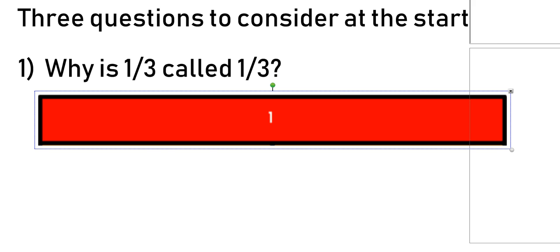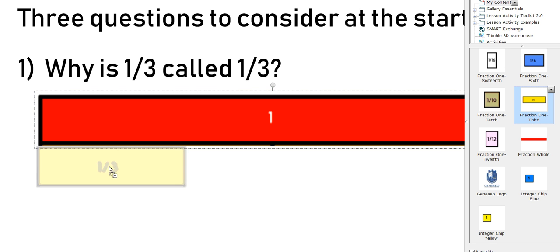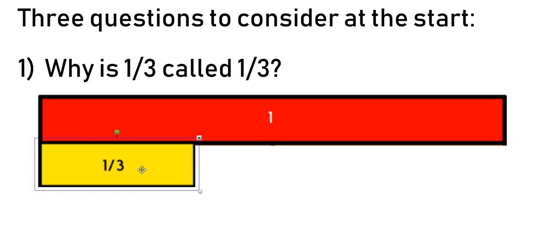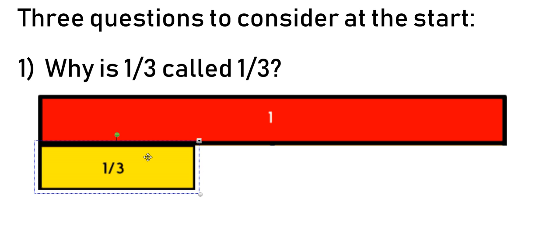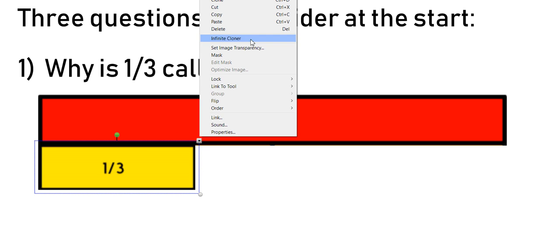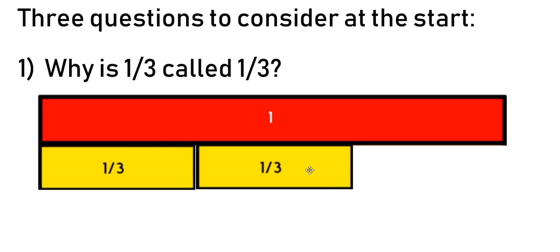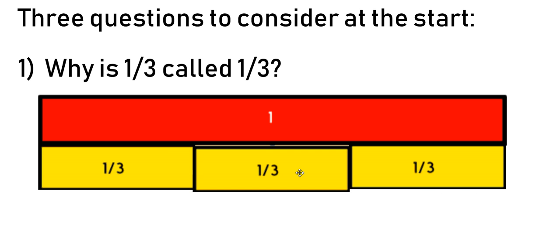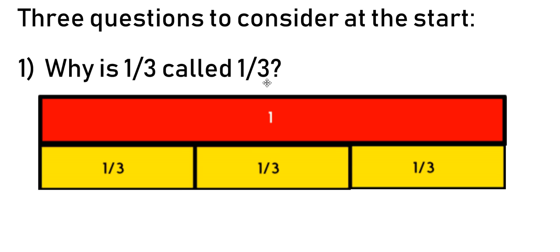Why is 1/3 called 1/3? Because if we have 3/3, then those 3/3 equal the whole. 1/3 is called 1/3 because it's one part out of 3.